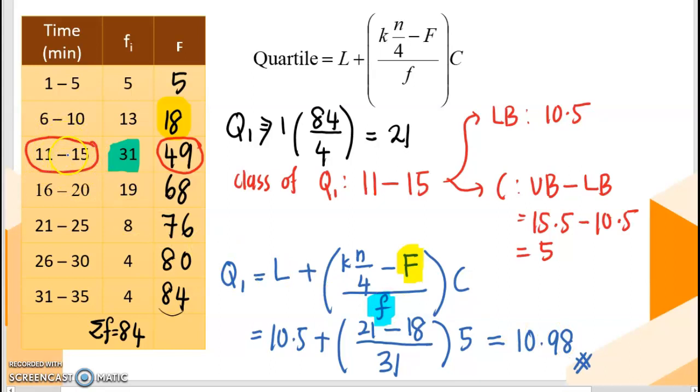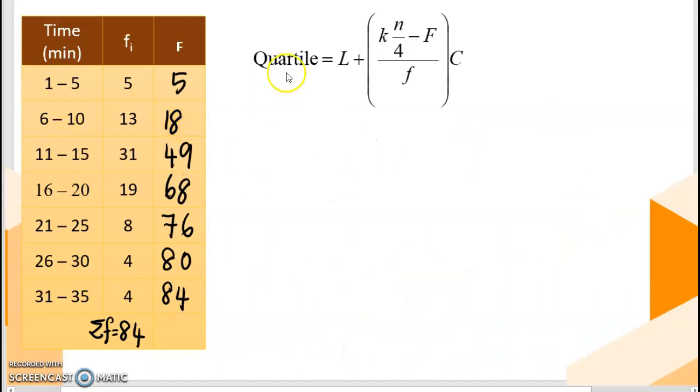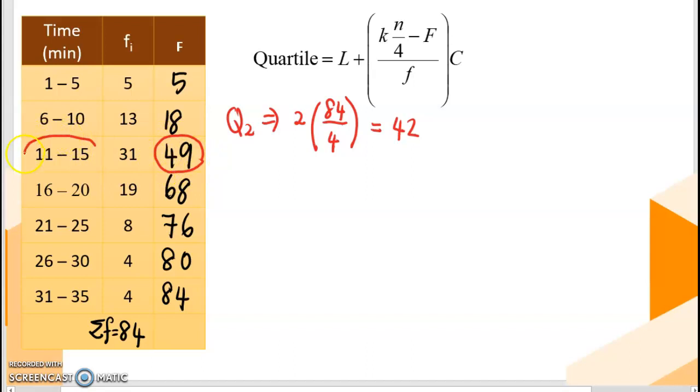Now we are going to find the second quartile, quartile 2. Our K is 2. So 2n over 4, with n as 84, equals 42. Next, we are going to find 42 in the cumulative frequency. So our 42 will be here in the 11 until 15 class.